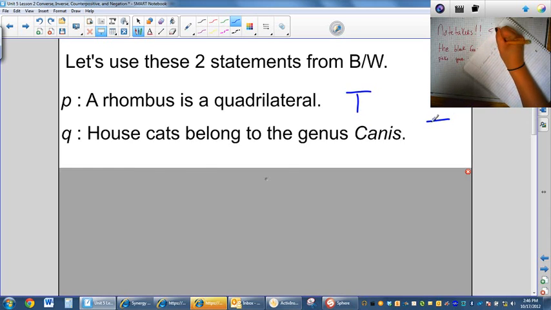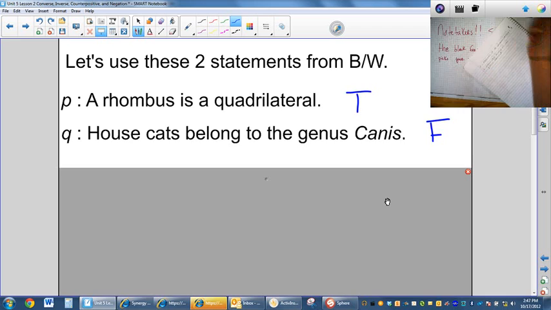Q: a house cat belongs to the genus Felis. You guys believe that this one is true? This one was.